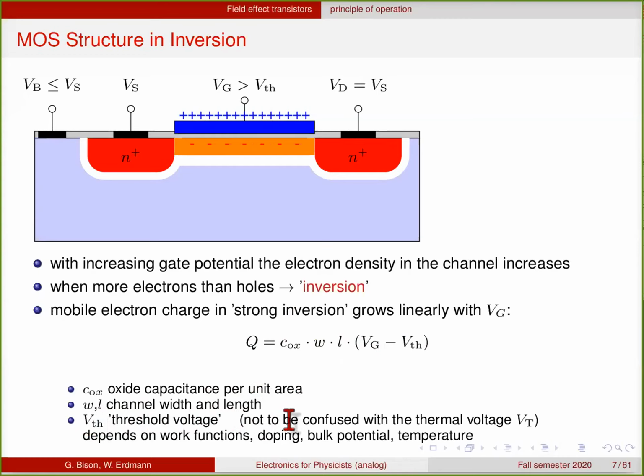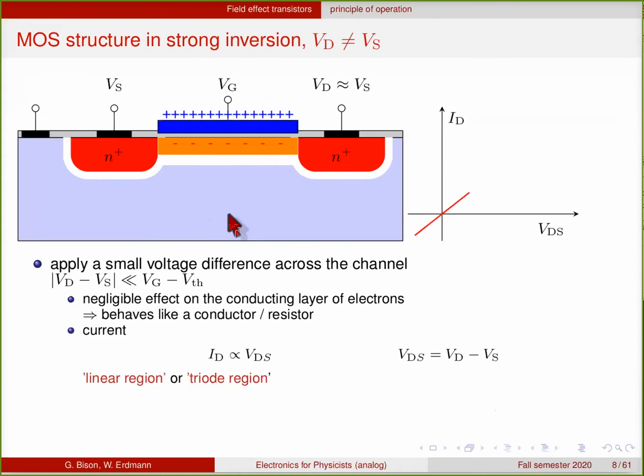This is something completely different. It is also dependent on temperature, but it contains the effect of the work functions but also the doping, so the remaining charges that are sitting here, and possibly later the bulk potential. But for the moment, we can just take it as a value that characterizes the structure, and you have to go beyond this value with your gate voltage to start accumulating mobile negative charges here.